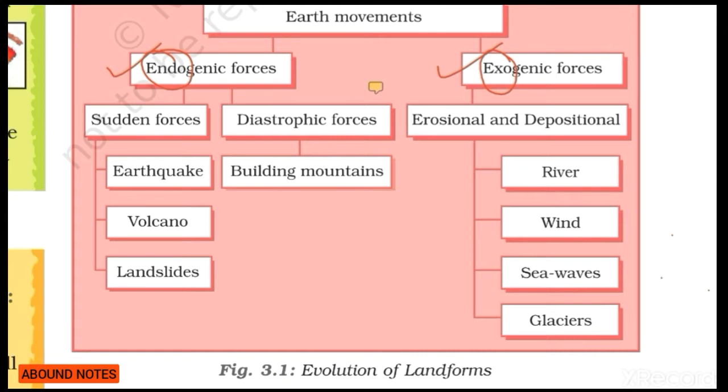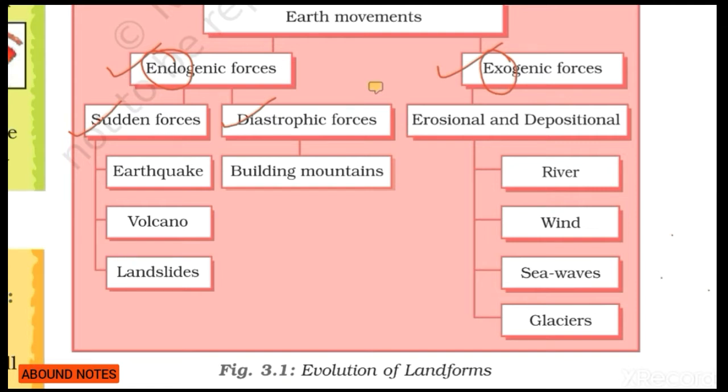Okay, so endogenic force has two types. One is a sudden force and another one is a diastrophic force. Sudden force means what? The force is applied suddenly. Imagine you are writing something in your book and your friend applies a force on your hand suddenly.